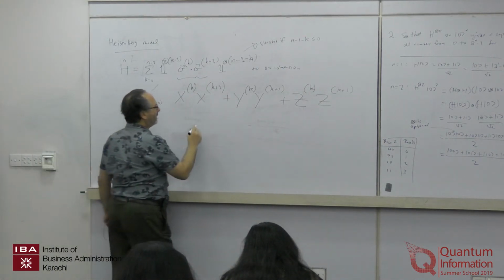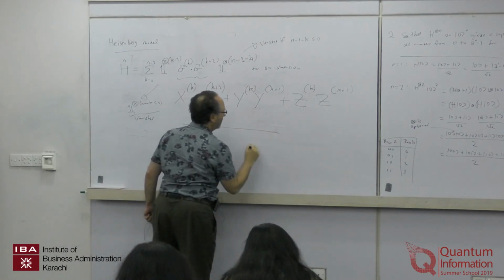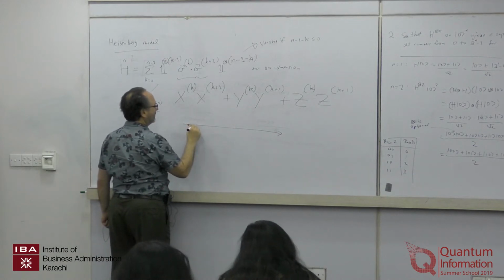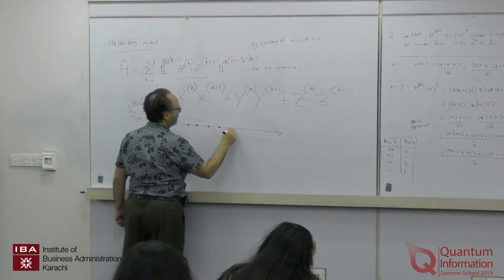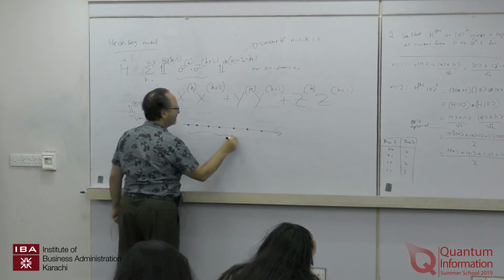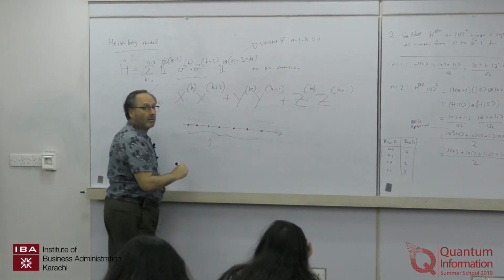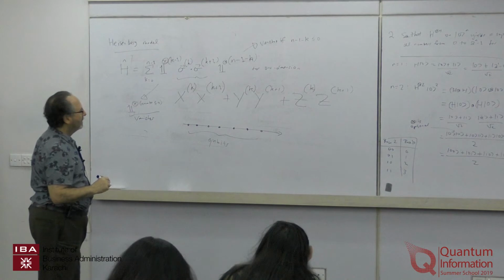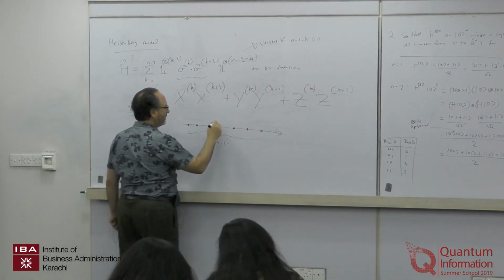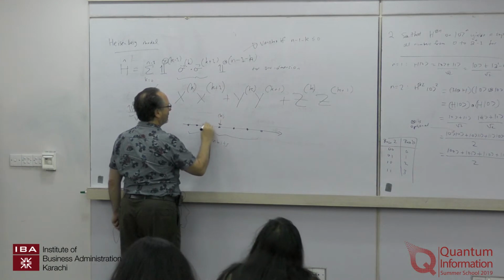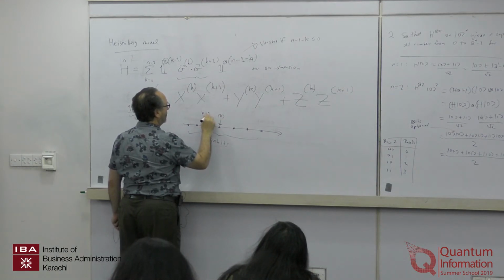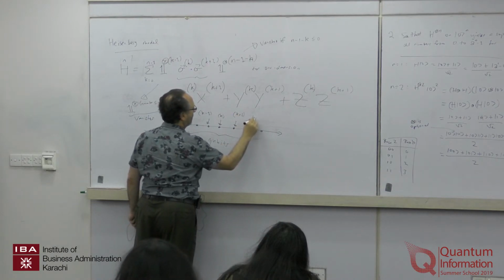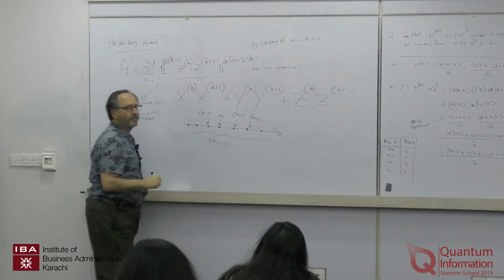And then what we're imagining is a system like this. So we have one dimension, and then we have some set. So these are qubits. And then this will be k, this will be k minus 1, k plus 1, k plus 2, and so on.